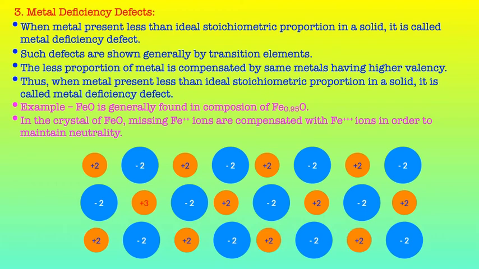Now we see that in place of Fe2+ there is Fe3+ here, and at another position also Fe2+ is replaced by Fe3+, and for these two substitutions one Fe2+ vacancy is created. This is shown by blinking +2 and +3.